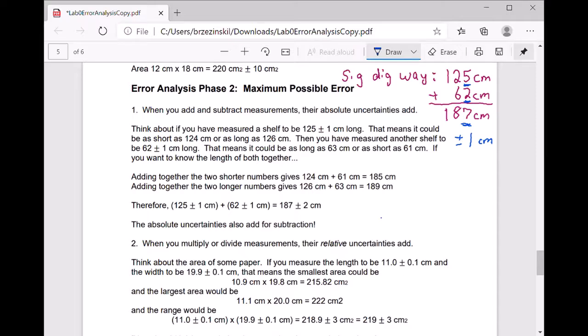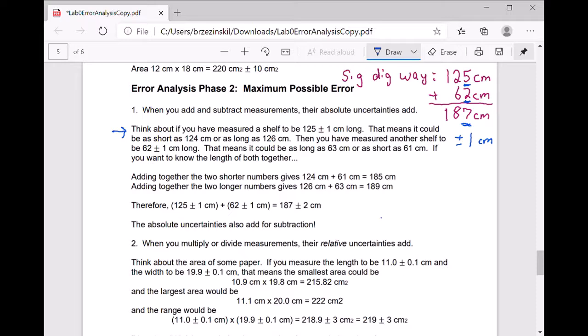If you think about it a little more closely here, let's say that this is representing a shelf that's 125 centimeters long, and it could be plus or minus 1 centimeter. And then you are putting another shelf next to it that's 62 centimeters plus or minus 1 centimeter. So what kind of range could you get in your results?